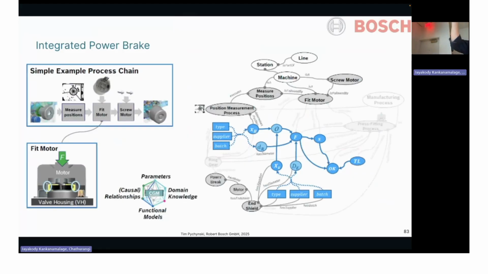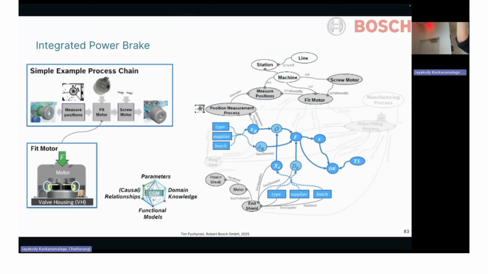And then finally, we take the domain knowledge that's relevant for this particular product and the line that's being used to develop this product, right? So any information about the stations, the lines, the machinery, the sensors, as well as the products that are being developed. We integrate all this domain knowledge and process knowledge into the graph as well.